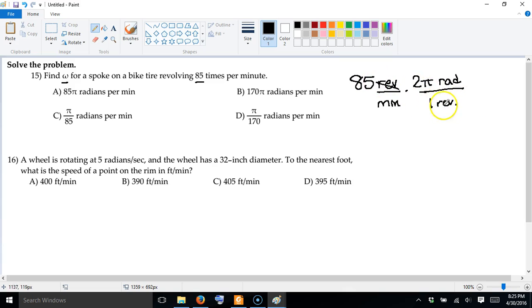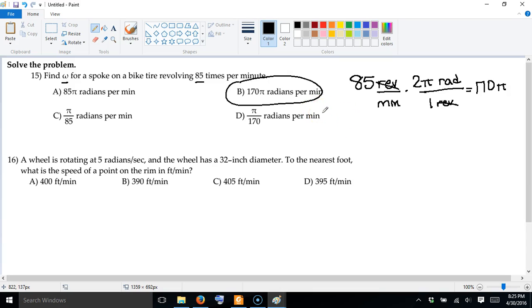So here revolutions go away, and we multiply 85 by 2 pi. All of our answers are in the form with pi still in the answer, so as a multiple of pi. And what we get is 170 pi radians per minute. And that's your answer right here.